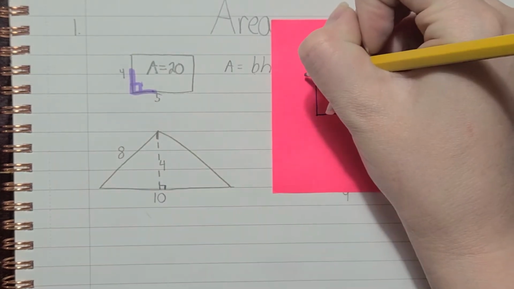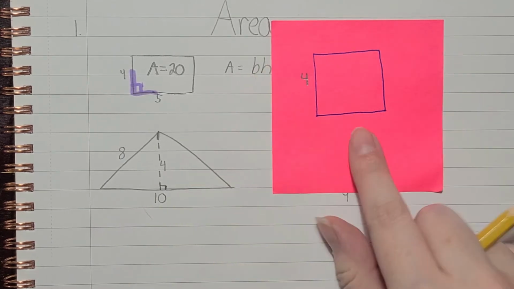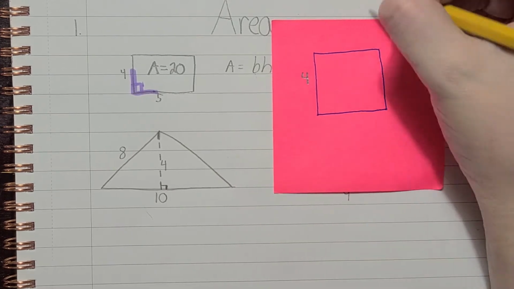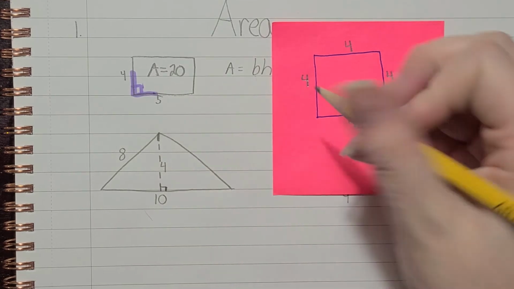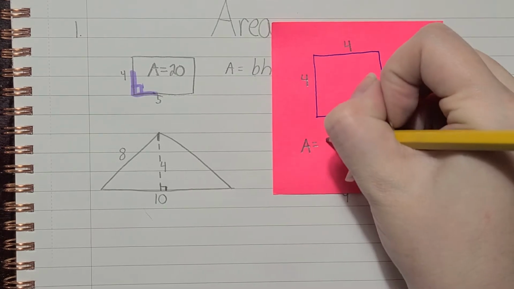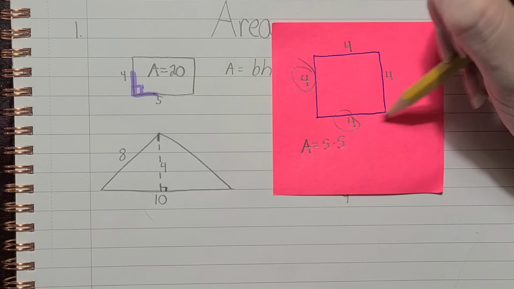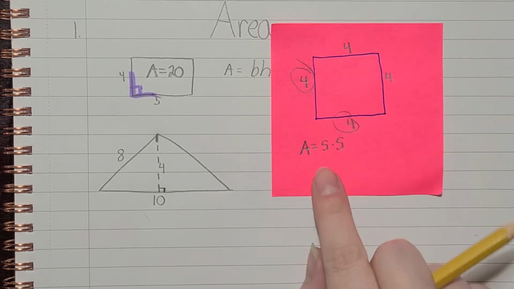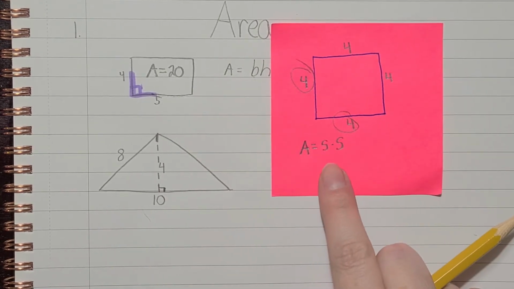So if I said that this side has a side length of 4, and this is a square, you can assume that not just the side across, but all of the other sides are also 4, okay? So when you're finding the area, instead of base times height, you might also see it as a side times a side, because you're still just going to multiply base times height, but that's really just sides because they're the same value. You might see S as if it has to do with squares. Remember, area is still multiplying the two.